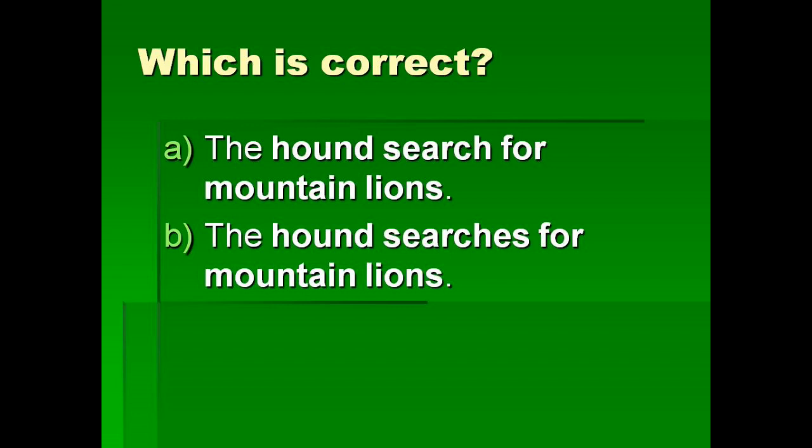Now let me ask you a question. "The hound search for mountain lions." "The hound searches for mountain lions." Which of the two sentences has respected the subject-verb agreement rule?